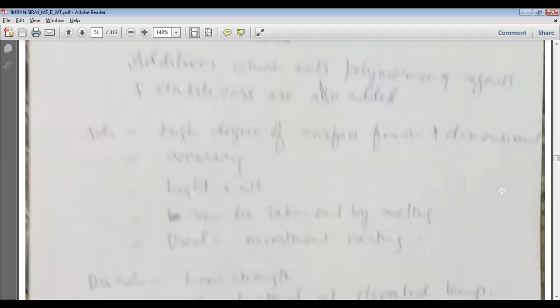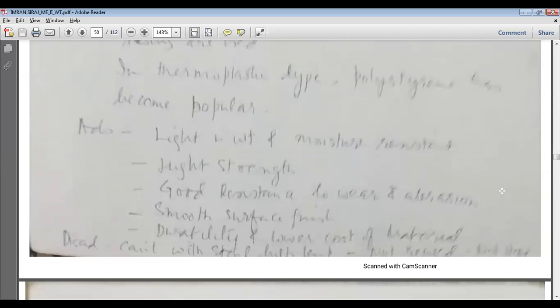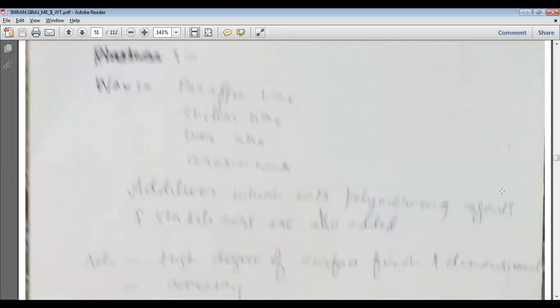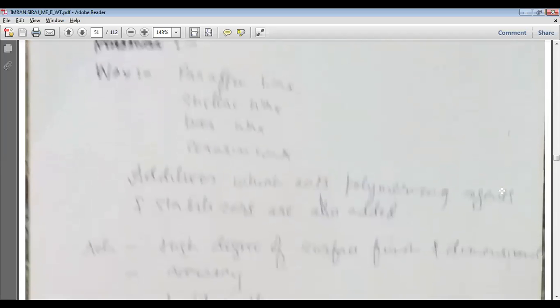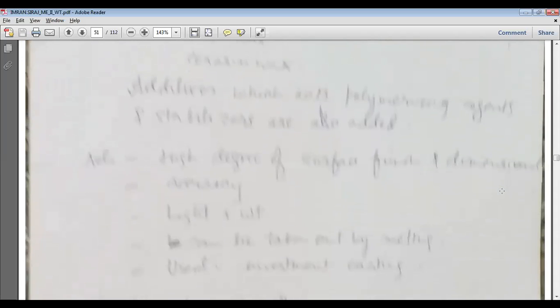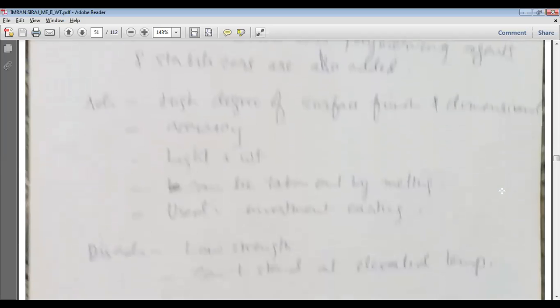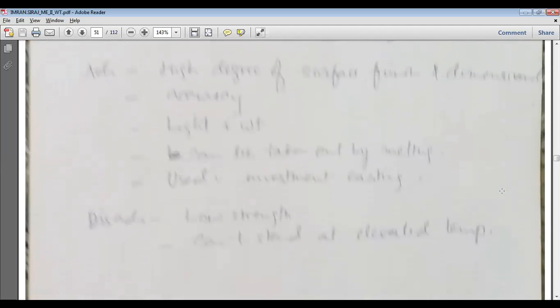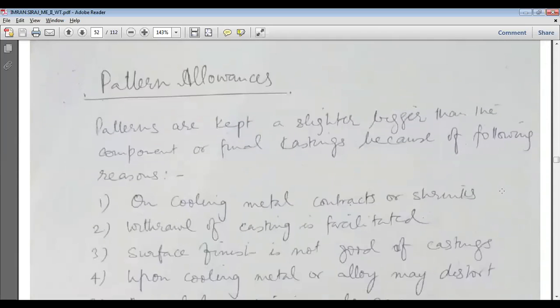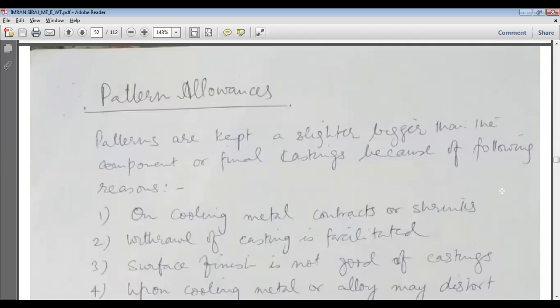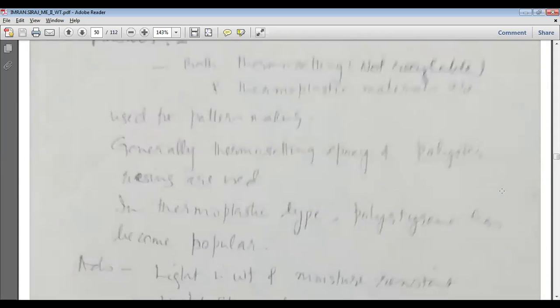We will be discussing wax, and we will elaborate why wax is used in investment casting and how it is beneficial to this particular casting. The disadvantage is low strength, and it cannot withstand elevated temperature. So these were the disadvantages.